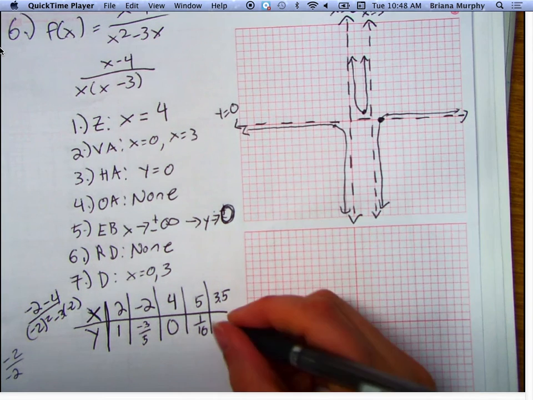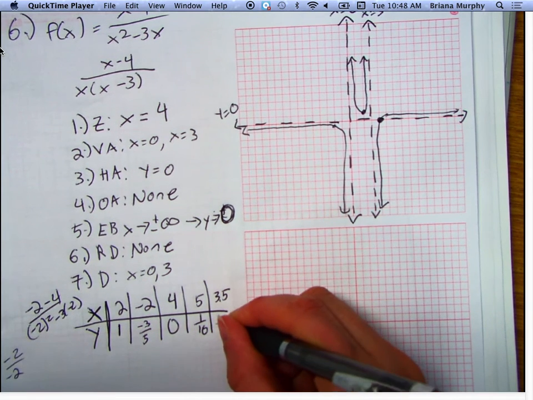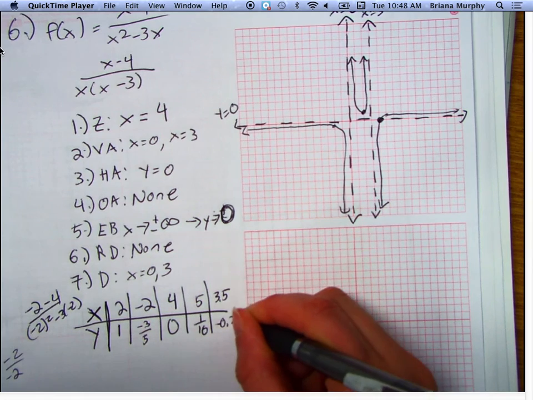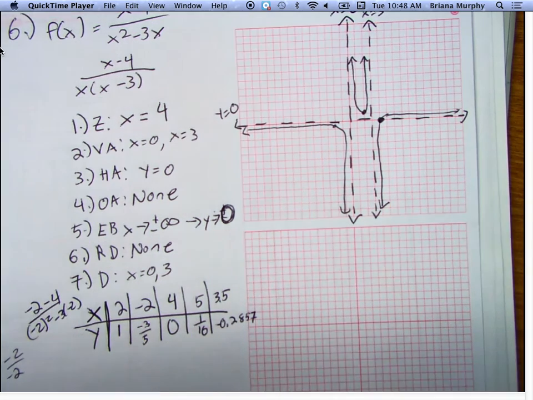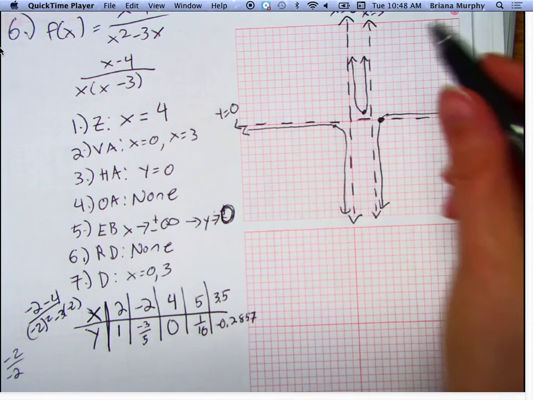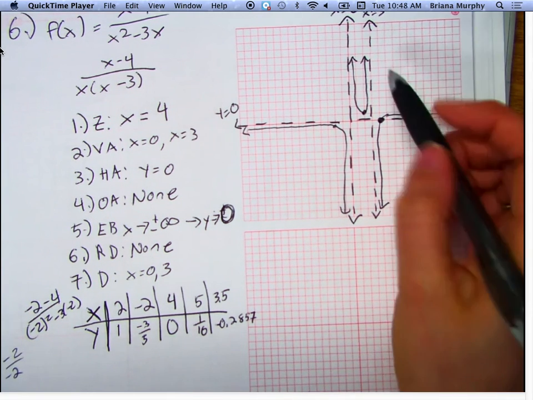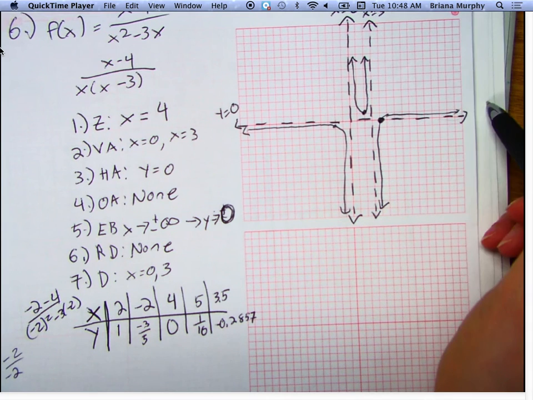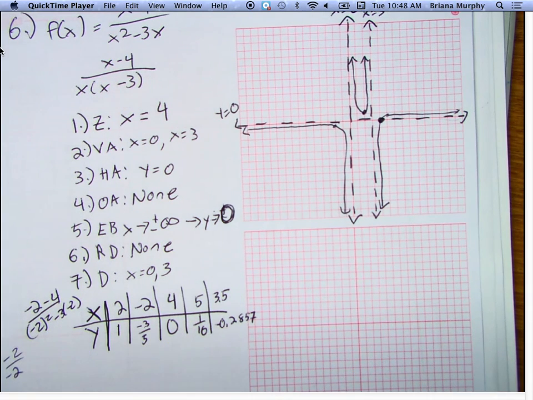And we get negative 0.2857 something. So that's how I know. But if I put 5 in and I got 1/10, I would just stop there. Yeah, but you don't know, like you said, if it goes up and over or down and over. So when you ask yourself that question, Ethan, that's when you know you have to put another point in there just to make sure.